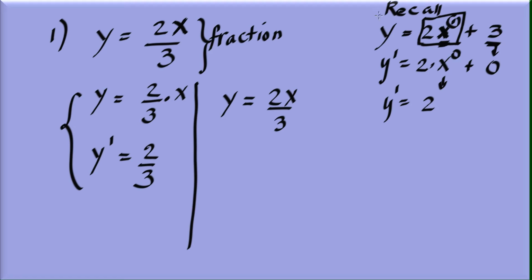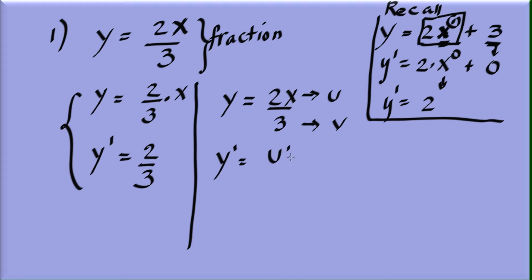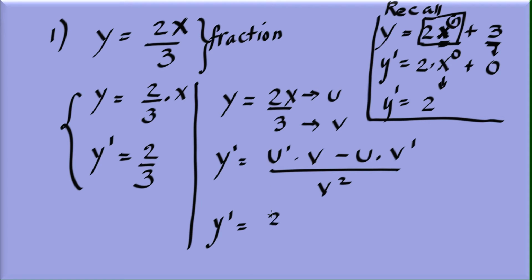So let's say you want to use the quotient rule. We assign this to be our u. The 3 is going to be the v, okay? So the quotient rule says take the u prime multiplied by v minus u times the v prime over v squared. So let's follow this quotient rule. u prime, so that's the derivative of 2x, which is 2, times the v, which is 3, minus u, which is 2x, and then v prime, the derivative of this 3, is 0.